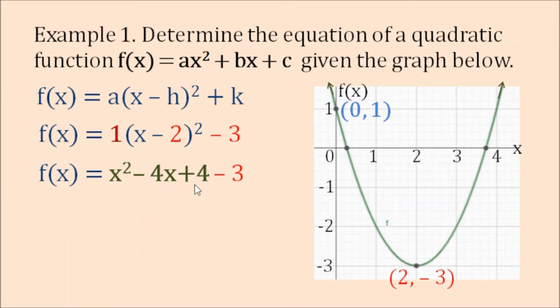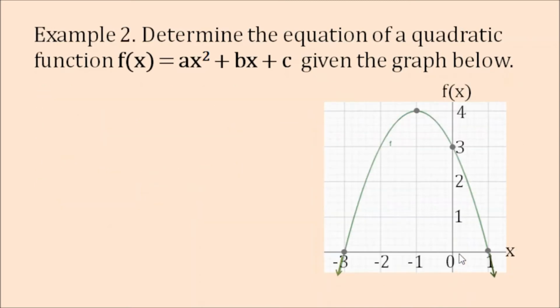So this part here, x squared minus 4x plus 4, is the square of the binomial x minus 2. Now we can simplify this part here, 4 minus 3. And the equation is f of x equals x squared minus 4x plus 1. So this is the equation of this graph we have here on the right.